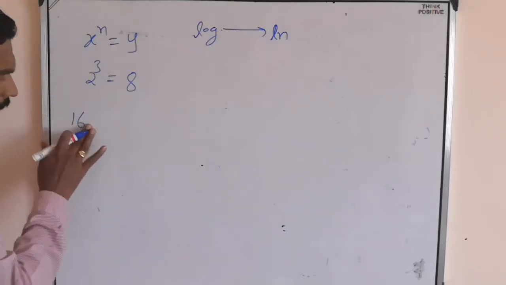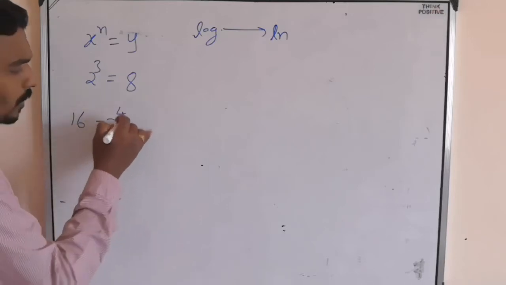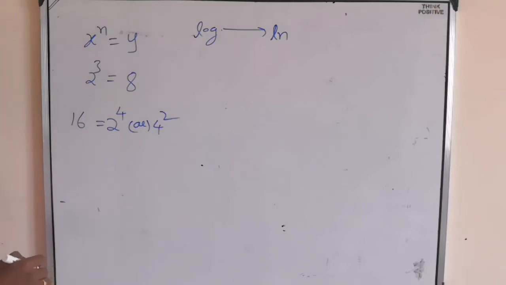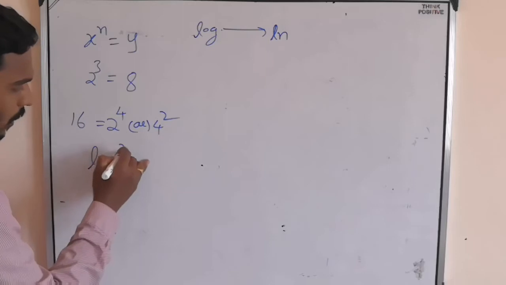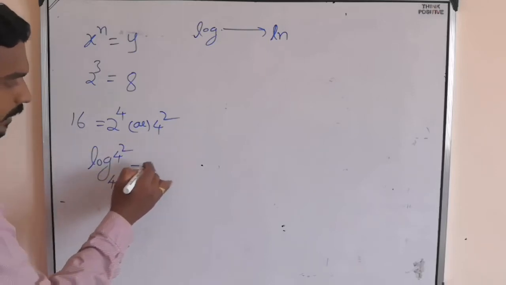Now here 16 you can write as 2 power 4 or 4 power 2. Suppose when you take log of 4 power 2 with base 4, then it is 2.